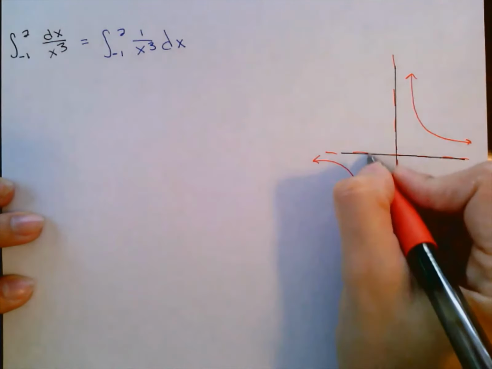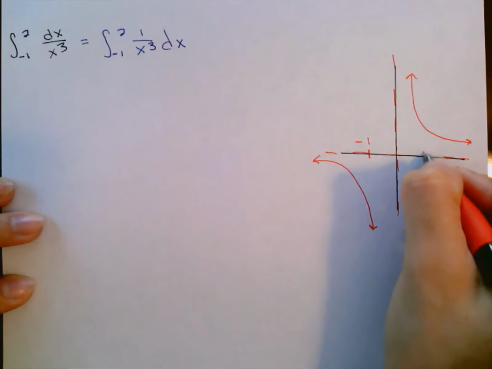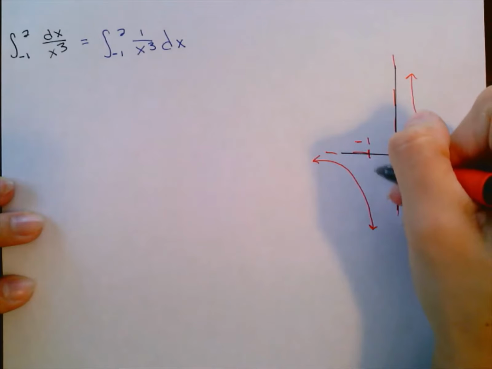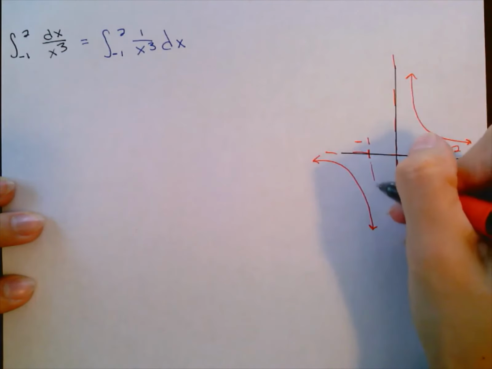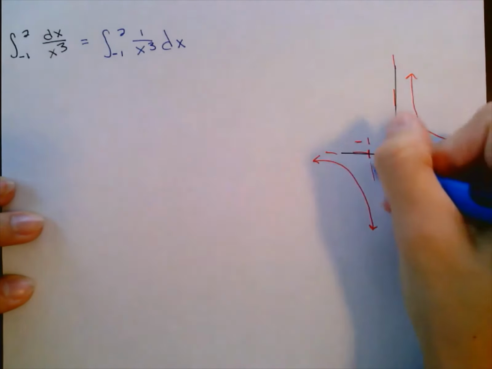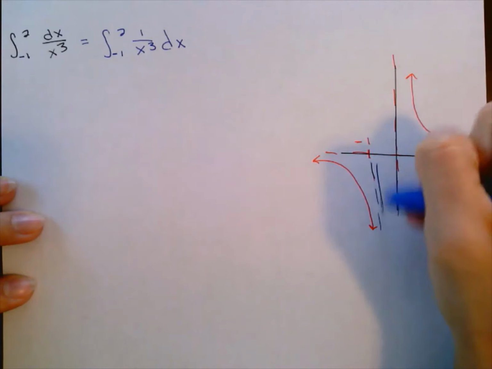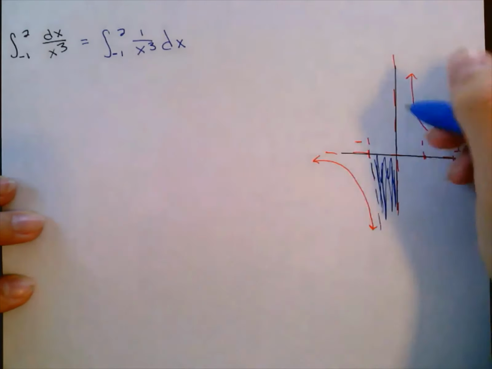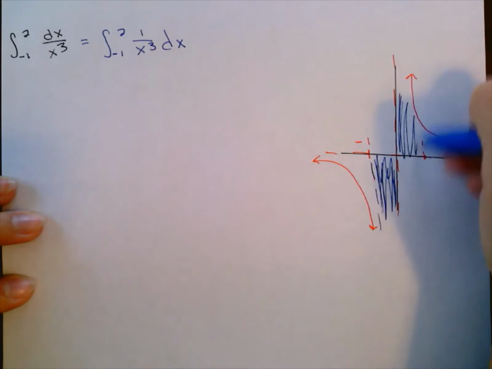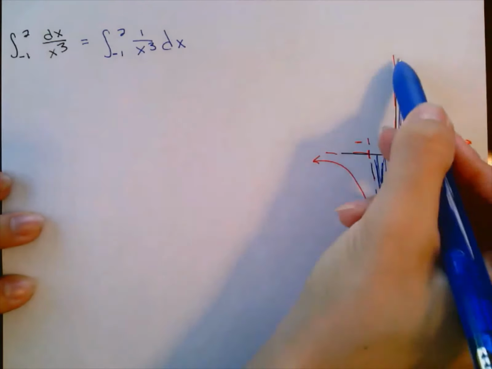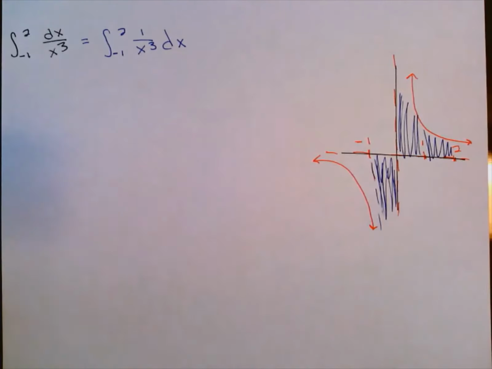But now it wants us to go from -1 up to 2, which means the area from here, let me get a different color, in here, because this is underneath the function, and then here up until 2, which means that we have an issue in the middle. So we're going to have to split this.